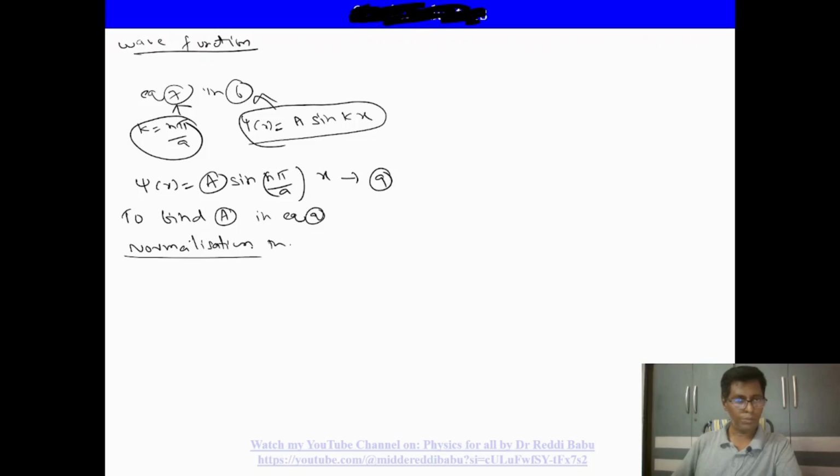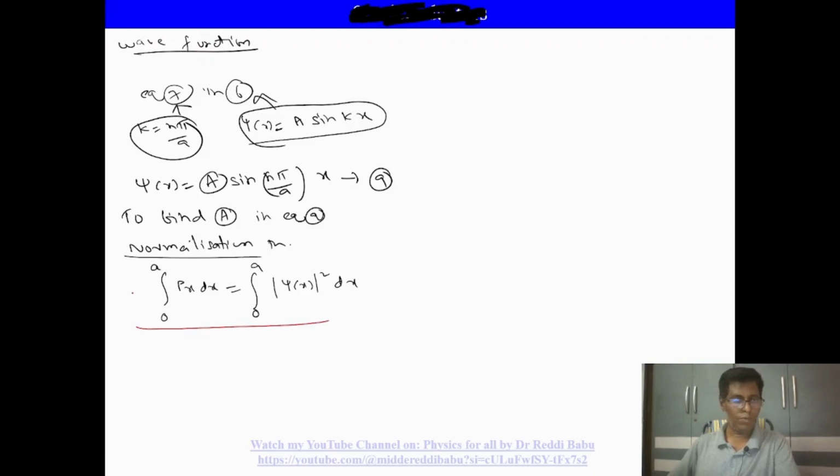According to the theorem, the total probability of finding the particle within the well is equal to unity. I am writing here integral 0 to a, P(x) dx is equal to integral 0 to a, modulus of psi of x square into dx. This is called the normalization theorem.